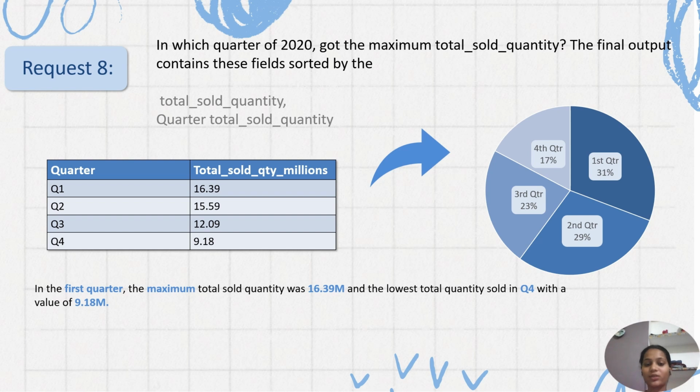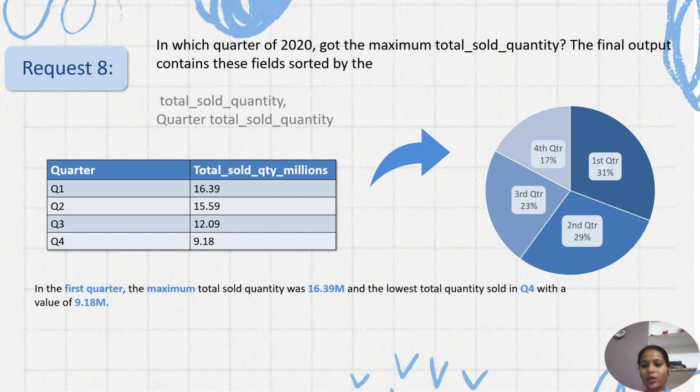In which quarter of 2020 did we get the maximum total sold quantity? The final output contains these fields, sorted by total sold quantity. If you can see this in the SQL output, in quarter one the total sold quantity is 60.39 million.